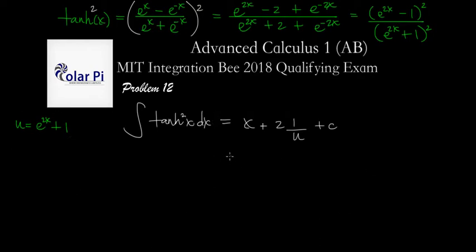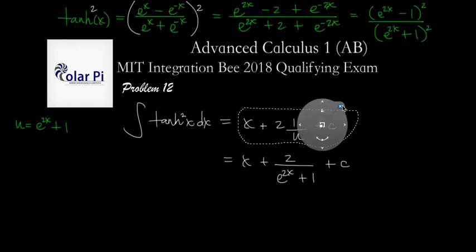So our final answer as of right now is actually x plus 2 divided by e to the 2x plus 1, right? Plus 1, sorry guys, plus 1 and then plus c, right? Okay, cool. So that's our final answer.